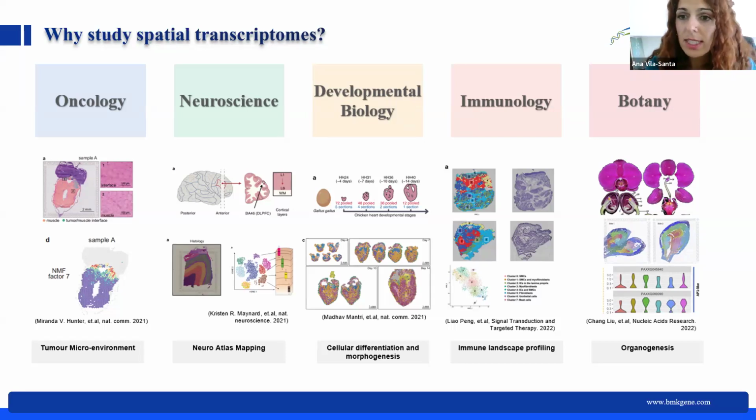In immunology, this can be used to study the different immune cells that, for example, are infiltrating wound sites and to better understand inflammatory responses. And in botany, it has been used also to study the organogenesis process in flower buds, for example. So I think we can safely say that spatial transcriptomics really has a wide array of applications. It's just a matter of finding the best way to use it.